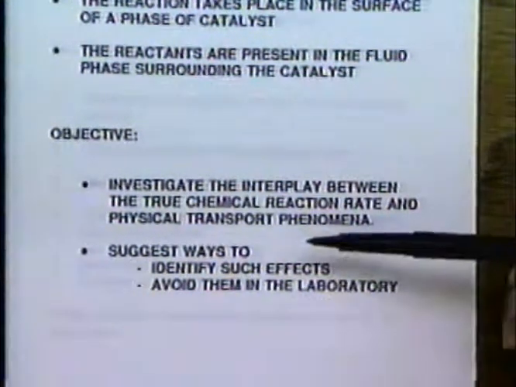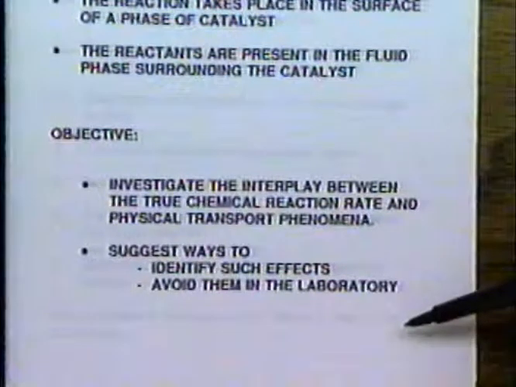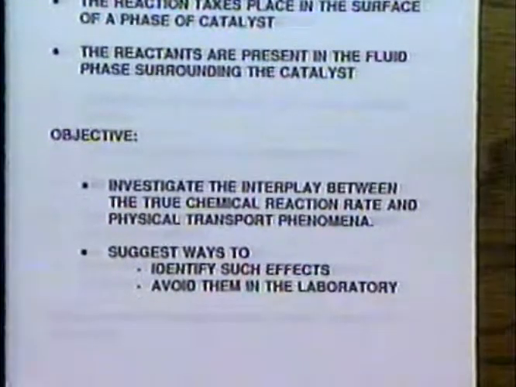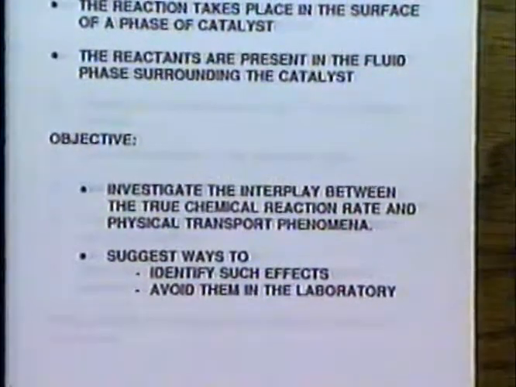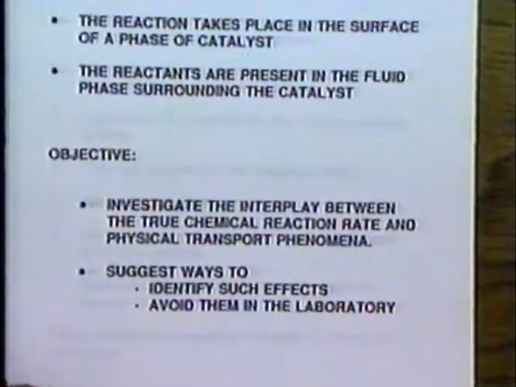We will try to suggest ways to identify those effects and to avoid them in the laboratory, because when we work in the laboratory, we always want to see the true chemical reaction rate, and we will try to avoid any physical mass transfer limitations that may hinder our observation of the true chemical reaction rate.